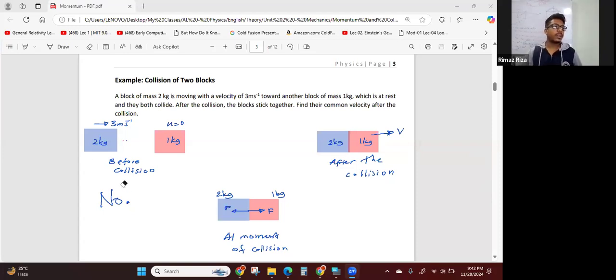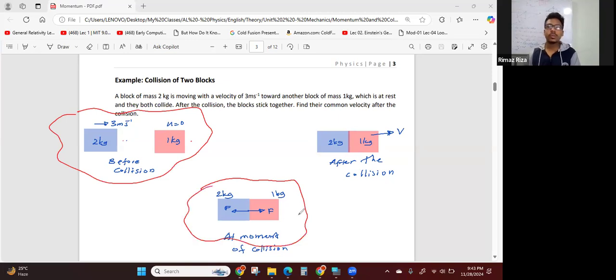So the answer is again no. We can't apply linear momentum conservation for this 1 kilogram mass also, because it also experiences an unbalanced force horizontally to the right. But if I consider this system, there is no external force, I mean unbalanced force, acting in the horizontal direction, because this F and this F cancel each other.